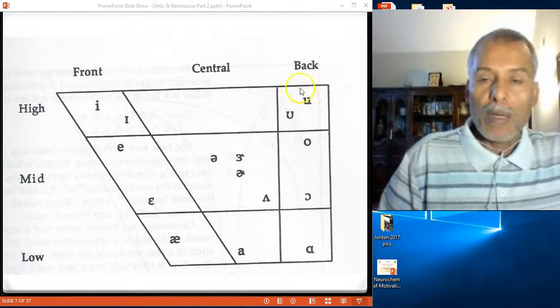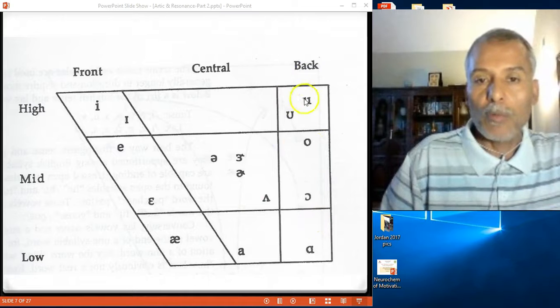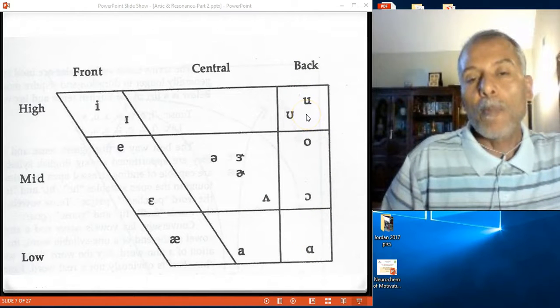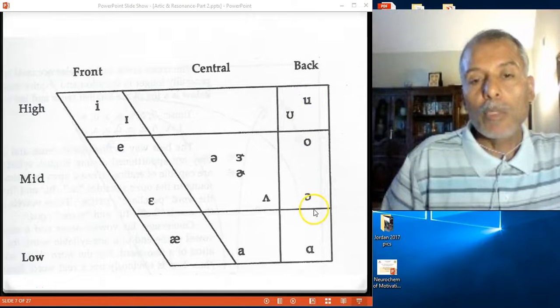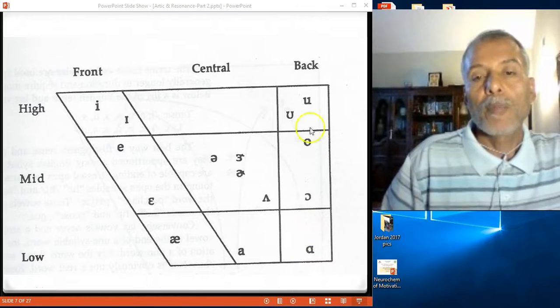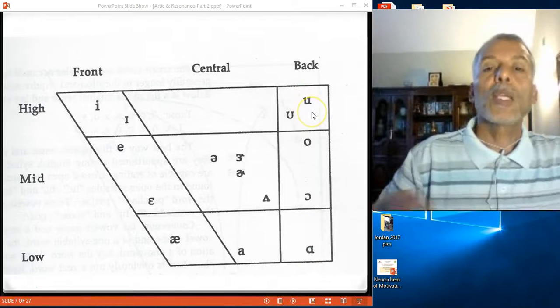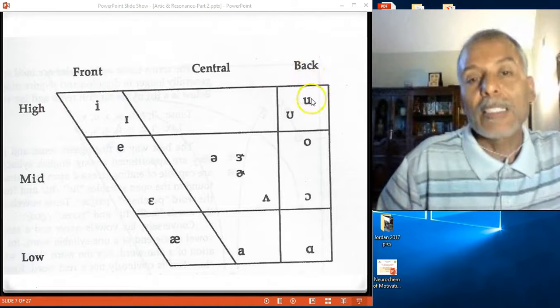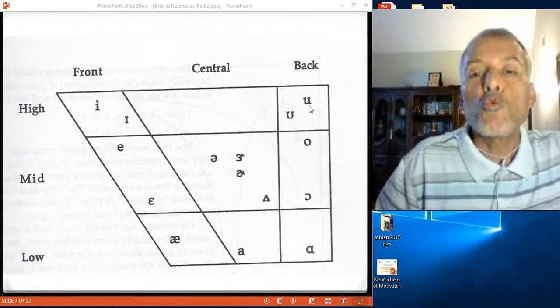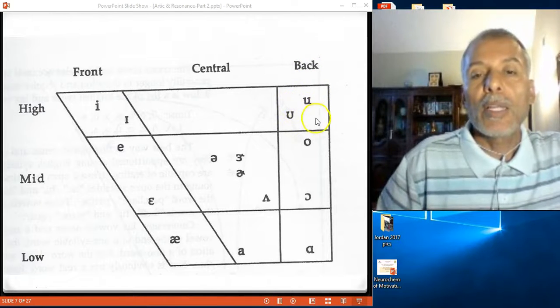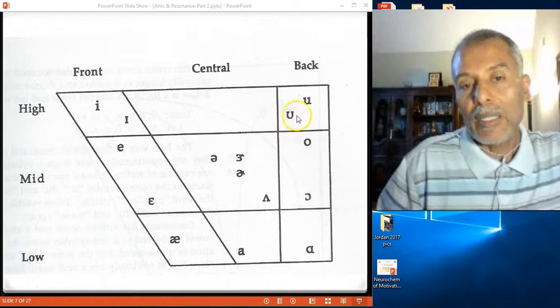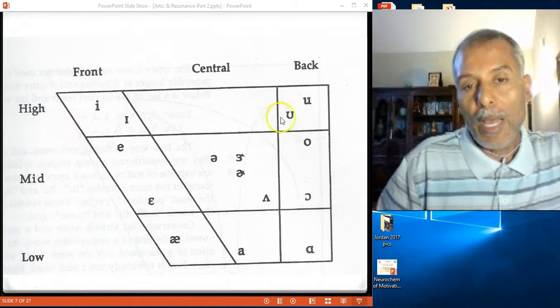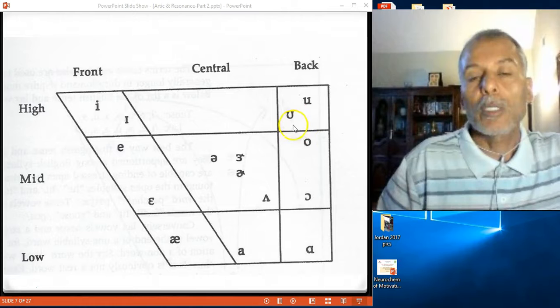Now look at the back vowels, all of these five. Most of them are rounded except for one, the last at the end. So u is a high back, tense, rounded vowel. Everything except that u is lax. ʊ is high, back, lax, rounded.